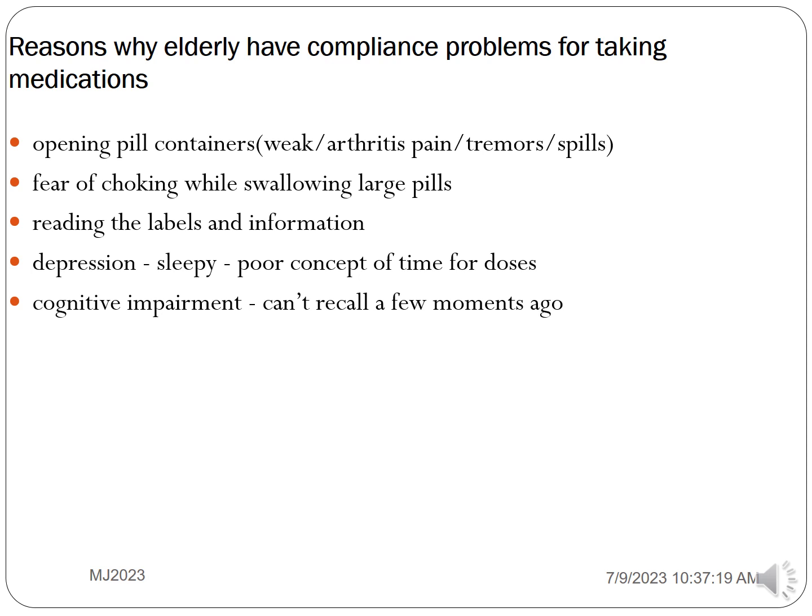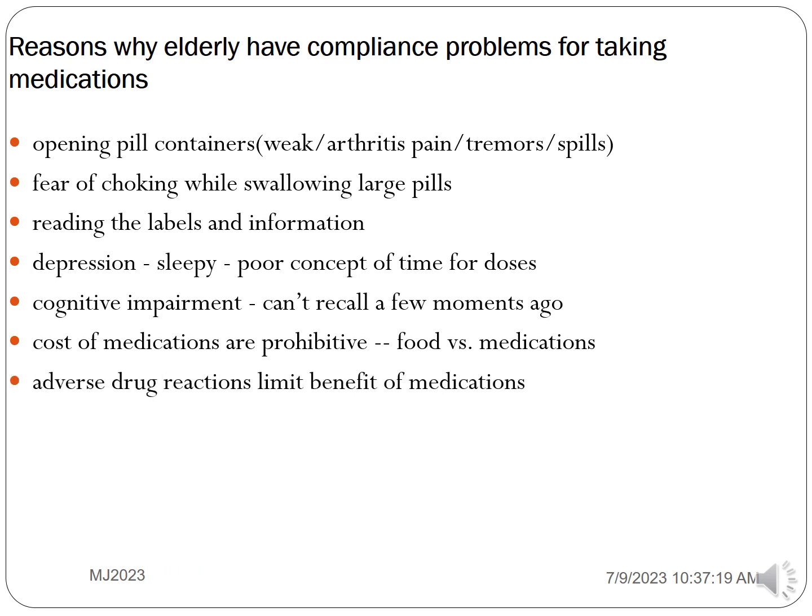They may have cognitive impairment so that they cannot recall a few moments ago that they have taken the medication. And now again they take a double dose of the medication, which will increase the risk of adverse effects. The cost of medications is prohibitive for some older patients, and they normally choose food over the medications.